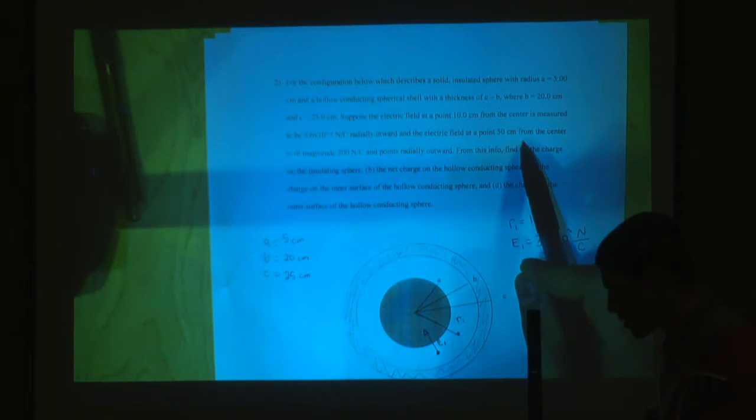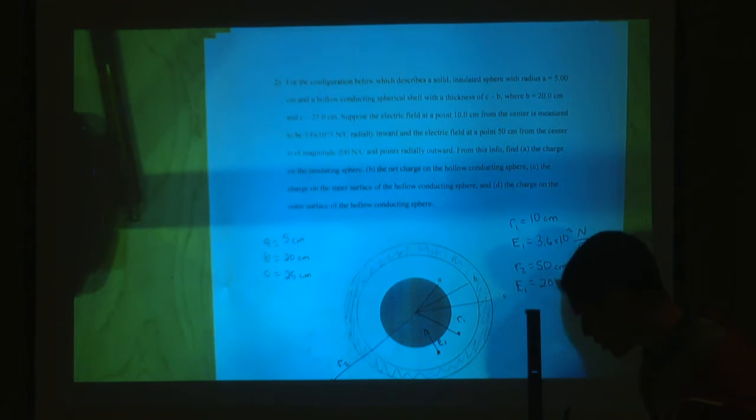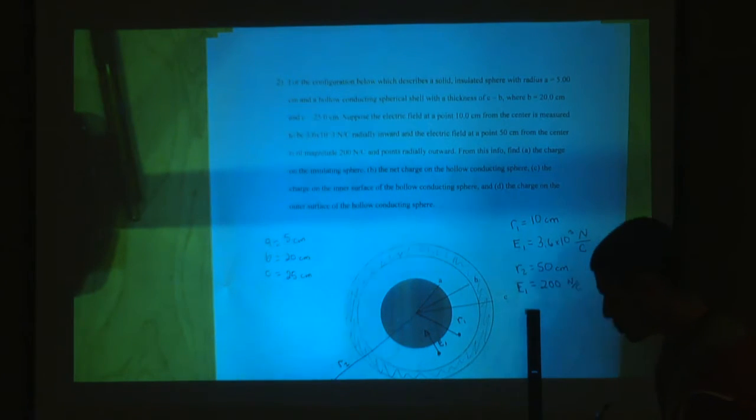And the electric field at a point 50 centimeters from the center, so some distance out here, because C is 25. Let's call this R2, which is 50 centimeters, and we have an electric field E2 equal to 200 newtons per coulomb.